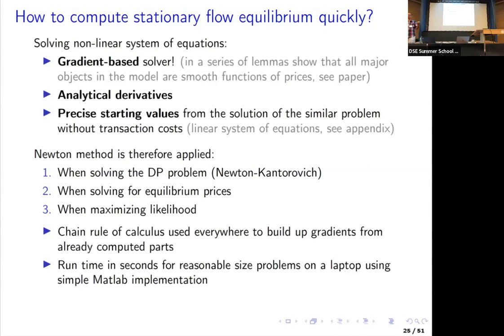And without transaction costs, we can very quickly get a starting value for all our Newtons which is sufficiently close. And that, I think, is the second really necessary component to make sure that your gradient-based method works really well. And for economic problems, this is a lot of the times possible to do. You just simplify your economic model somehow so that it can be easily solved, and maybe that provides really good starting values. So that's the general principle.